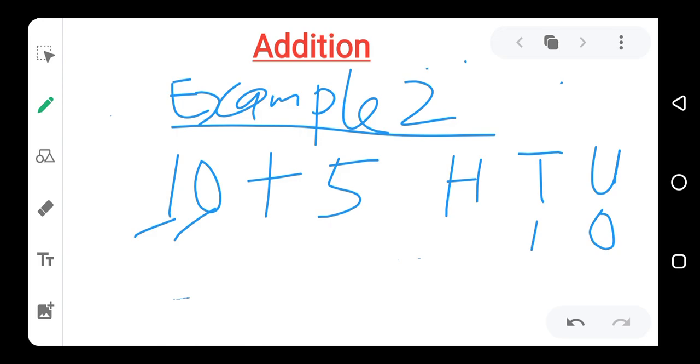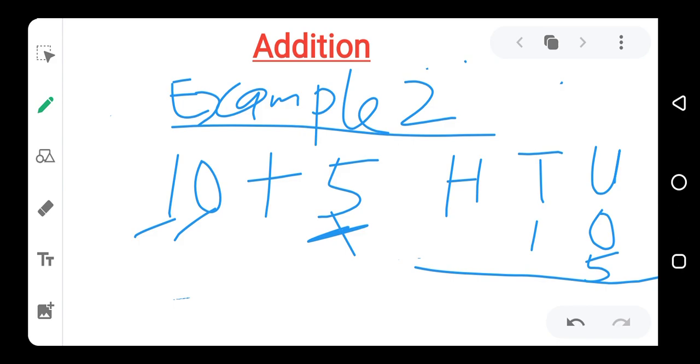Now the second number is 5. 5 has only 1 digit, so we put 5 under units. The one that has 1 digit, we put it under units. Now we have finished with the numbers, so we draw a line. Now under the units, we have 0 and 5. 0 means nothing.